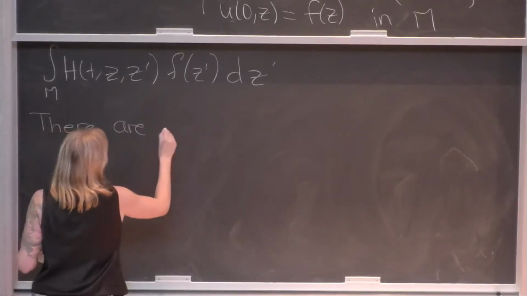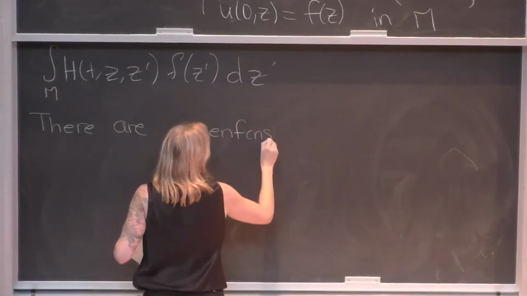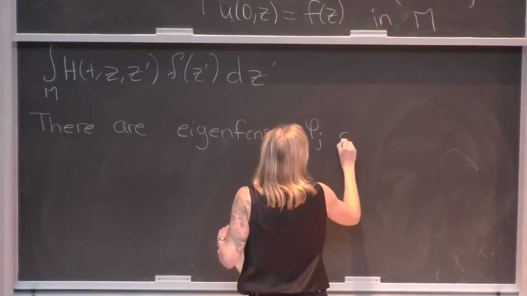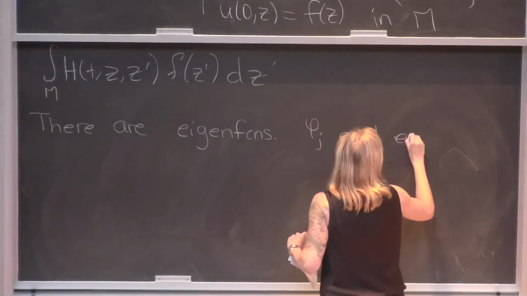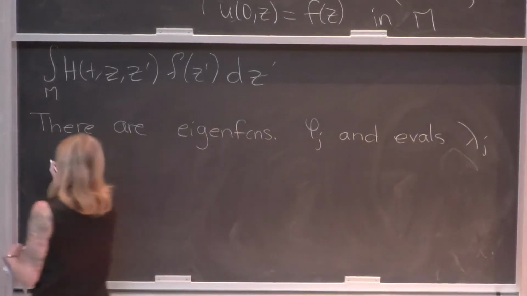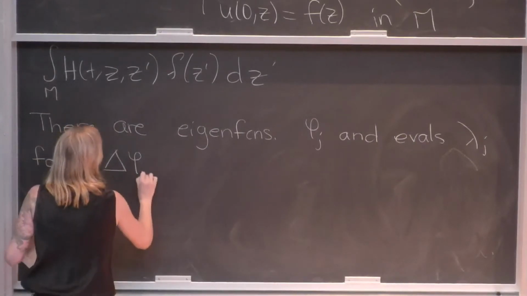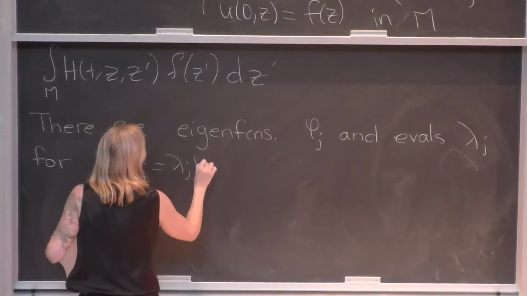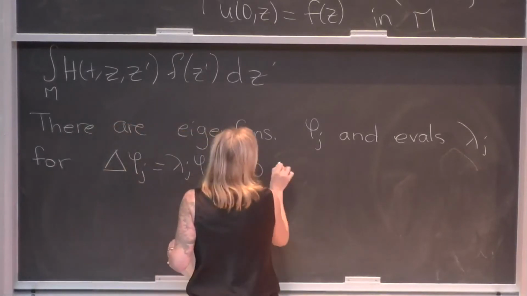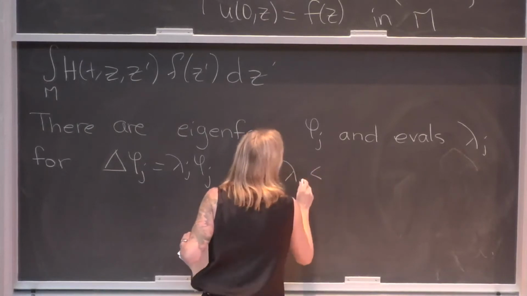There are, in this setting, eigenfunctions phi j and eigenvalues lambda j for the Laplacian. So we have Laplace phi j is lambda j phi j, and I'm going to start the index at 1.